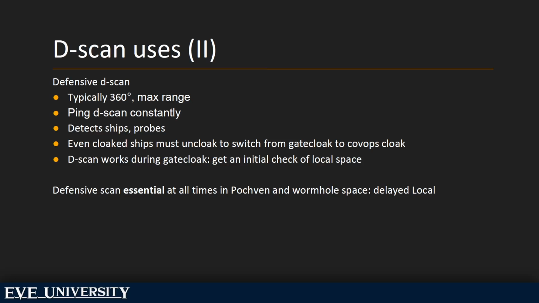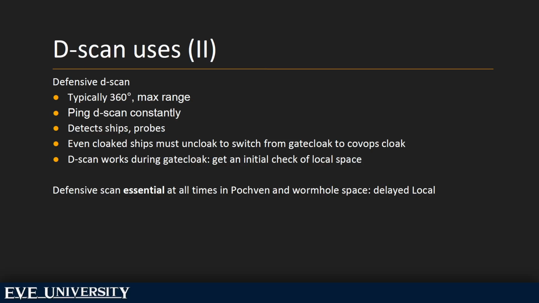As I said, for the defensive D-scan, the typical settings are maximum angle, 360 degrees, maximum range. You just click the D-scan like once every 30 seconds, once every minute, which is why it's useful to have it bound on a specific hotkey, because you just want to do your stuff and occasionally check the D-scan with a hotkey.